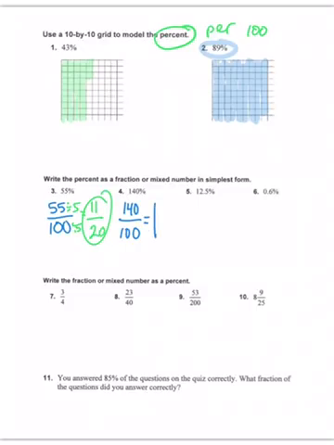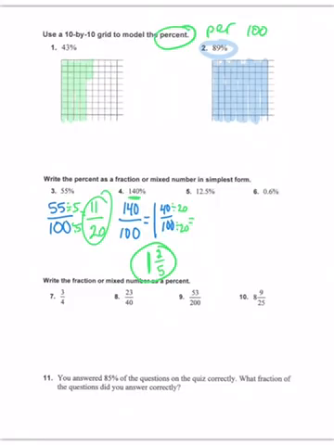So 1 and 40 out of 100. The next thing I would want to do is reduce. I can divide both of these by 20 to get my final answer of 1 whole and 2/5. The reason this makes sense is because this number was over 100, so we were expecting 1 whole and then some.